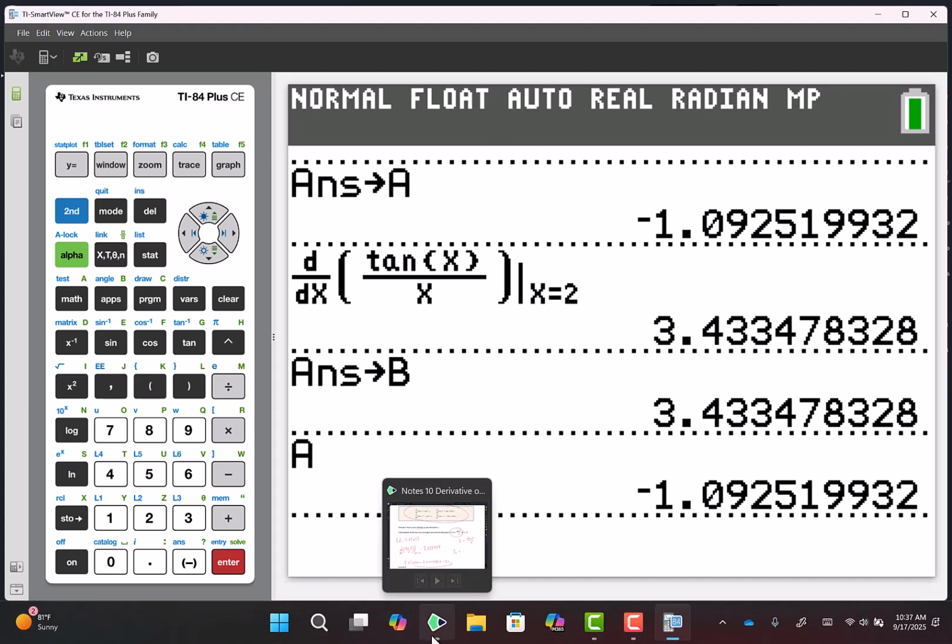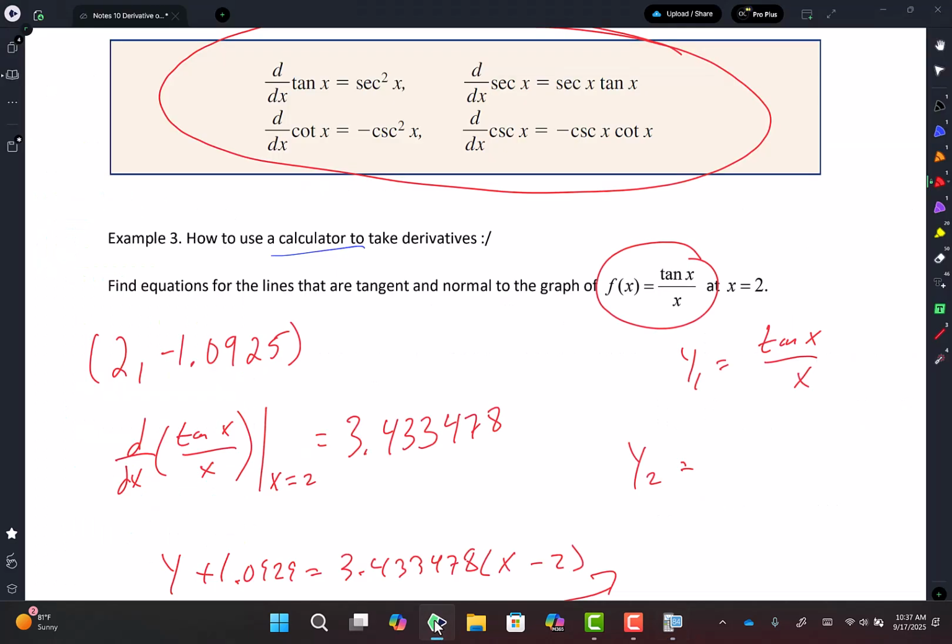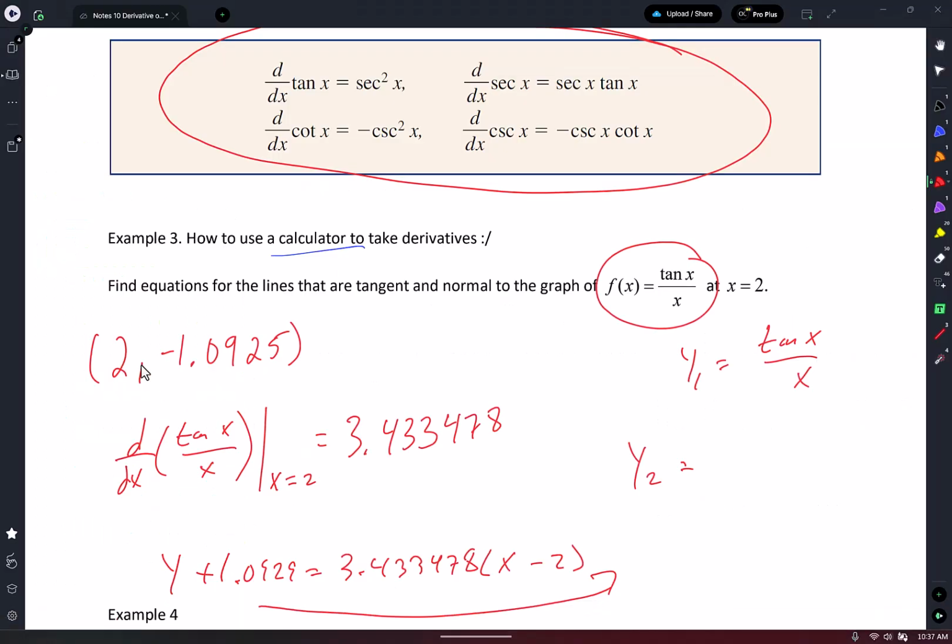But when I solved it here, it was already negative because it's just a point. Well, yeah, because this is my point, miss. So y plus 1.0925 equals 3.433 parentheses x minus 2.